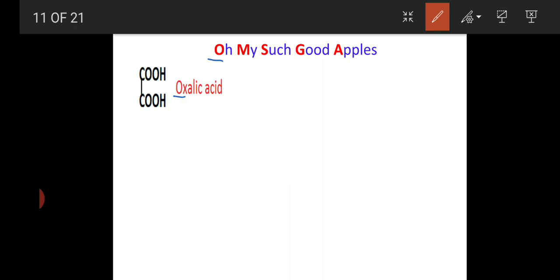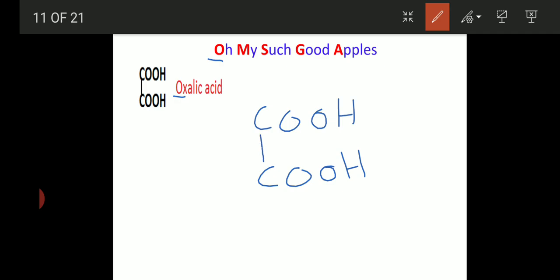Now, while writing oxalic acid, what do you have to remember? COOH and COOH, but the bond shall be written between C and C. Please don't write blindly like this.